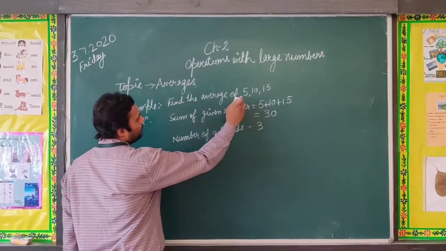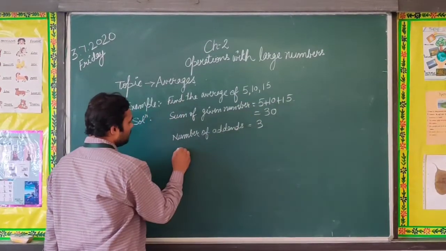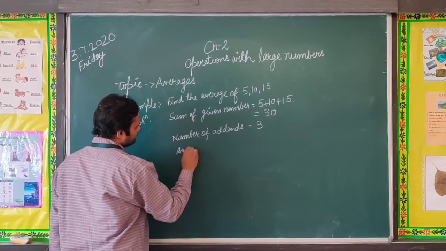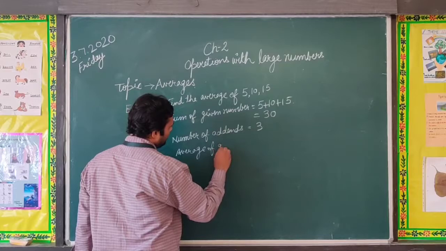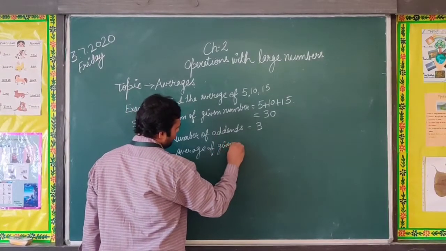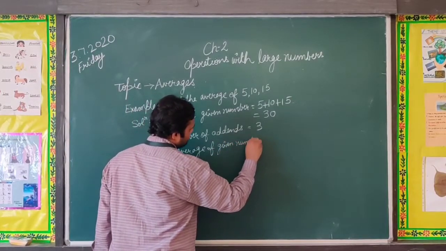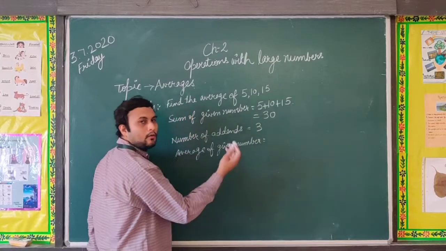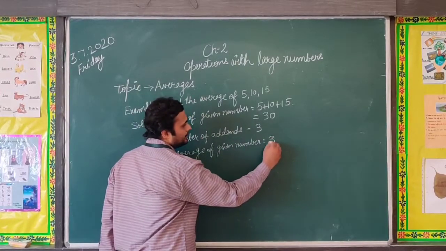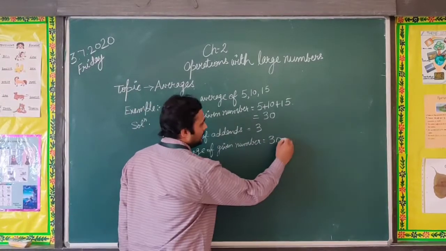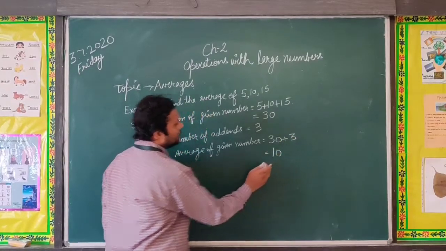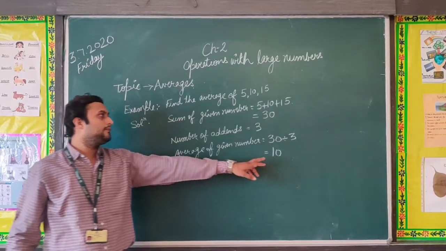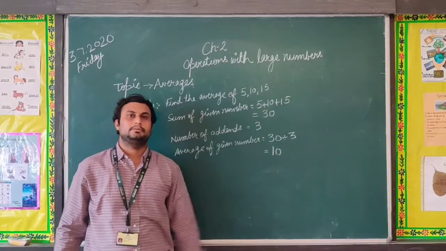Three numbers are given: 1, 2 and 3. So the average of the given numbers is 30 divided by 3. Answer is 10. So this 10 is the average of these three numbers.